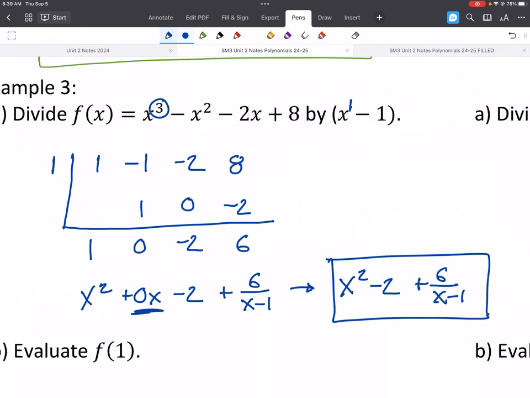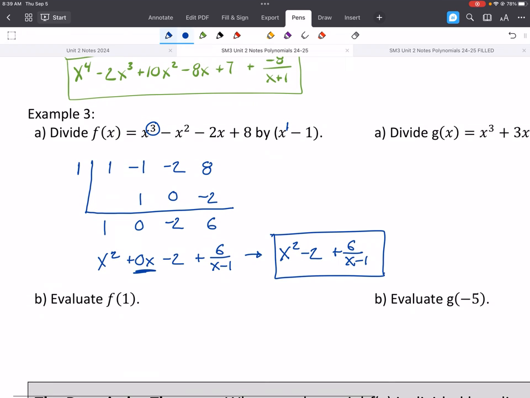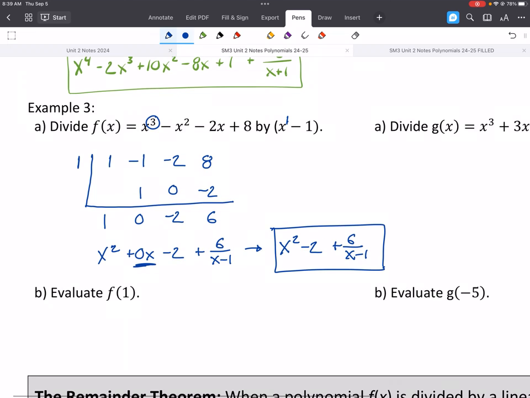Now I want you to evaluate your function when x is 1. So here we would have 1 cubed minus 1 squared minus 2 times 1 plus 8.